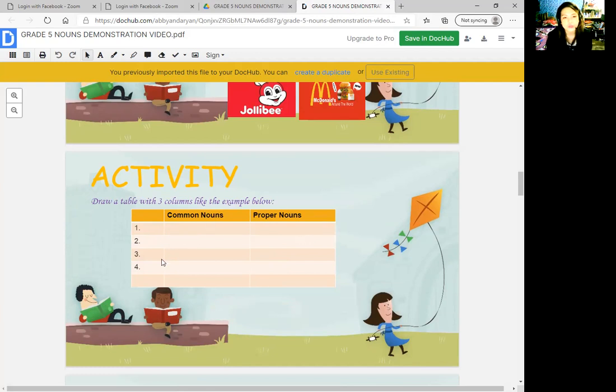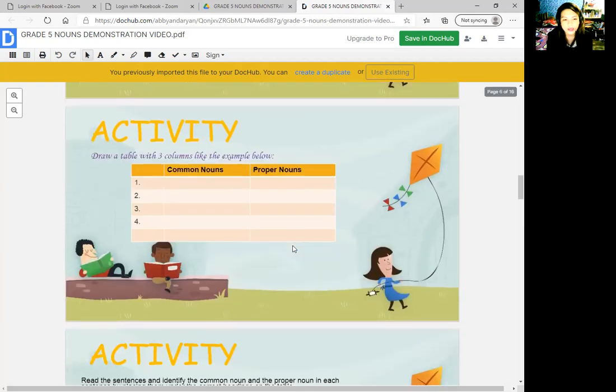On the first column, write 1, 2, 3, 4, then on the second column, write the header common nouns, and on the third column, write proper nouns. We're going to do an activity to test your expertise in determining the difference between a common noun and a proper noun. Write them down on your paper now because I'm going to start our activity in 3, 2, 1.